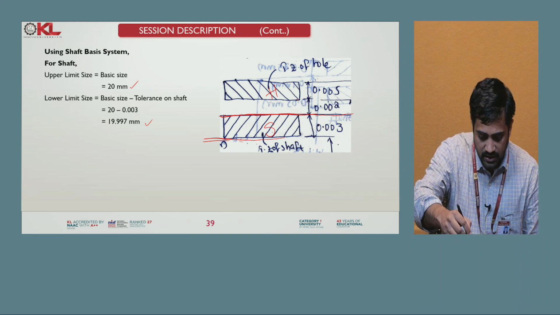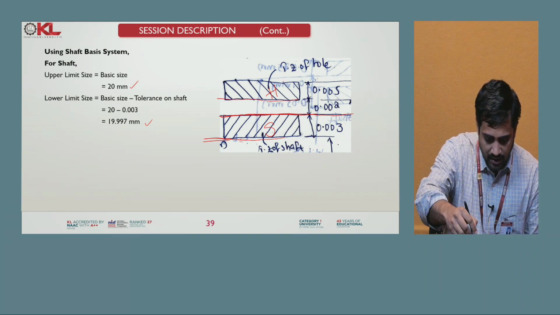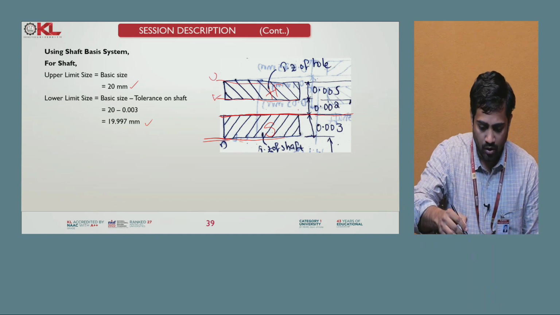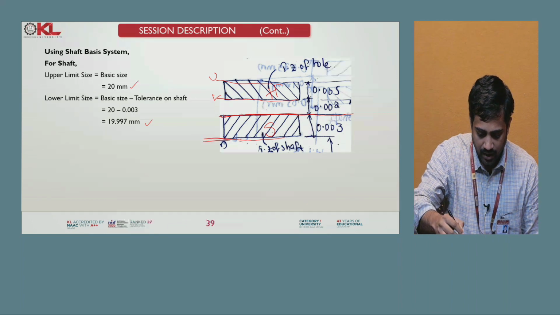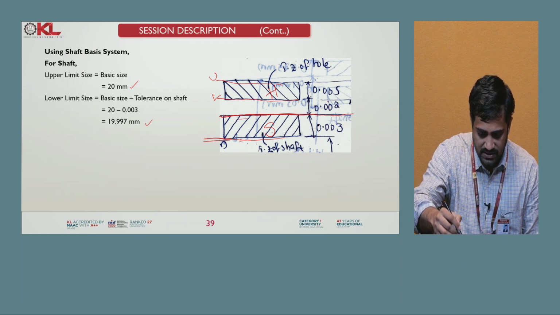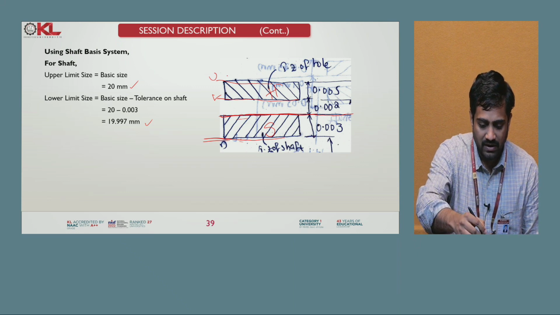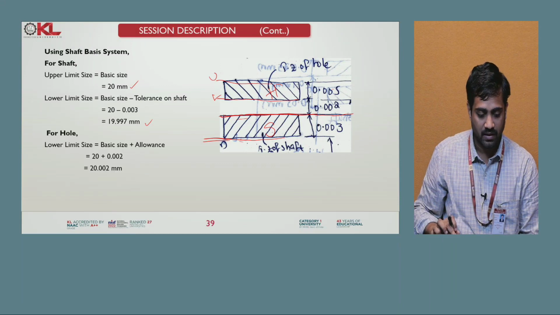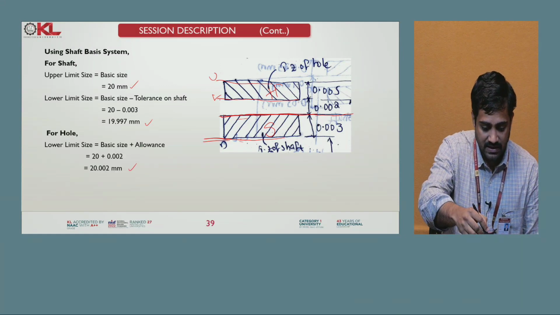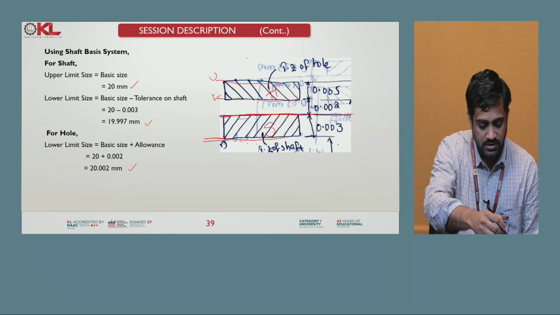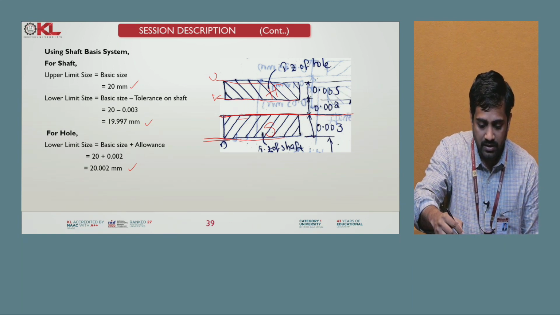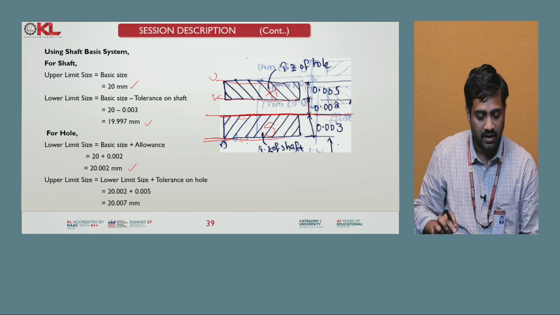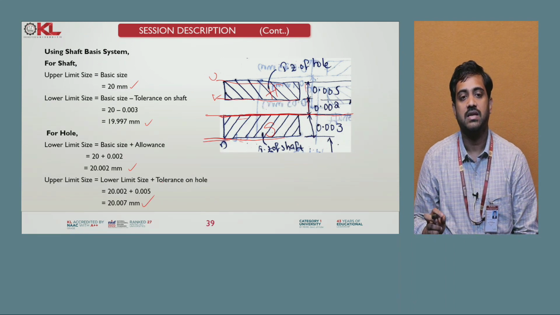For the hole, this will be the lower limit and this will be the upper limit. For the hole, the lower limit will be the basic size 20 plus 0.002, and the upper limit will be 20 plus 0.002 plus 0.005, which is 20.007 mm.